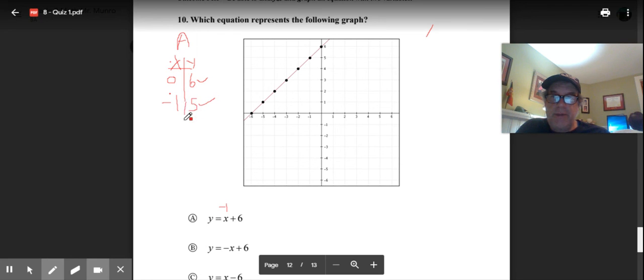Let's try a third just to be sure. I'm going to go way down here because I like using the zeros. So in this one, y is 0 and x is -6. So in this one now, you're going to have -6 plus 6, and we know that's 0. So this one has to be the solution.